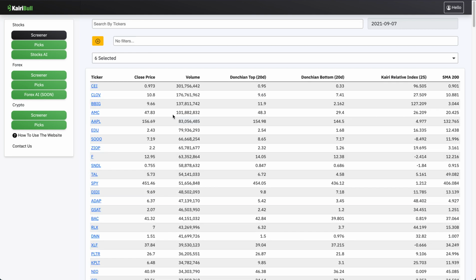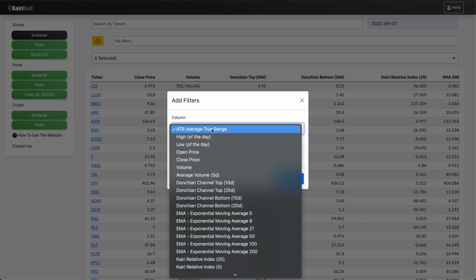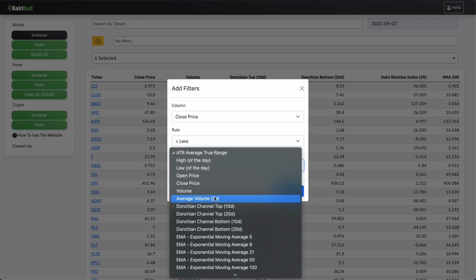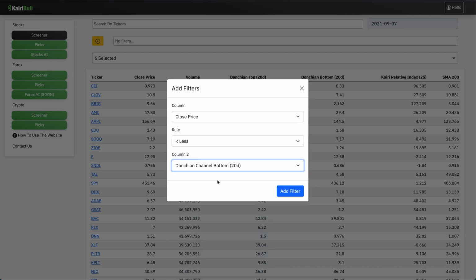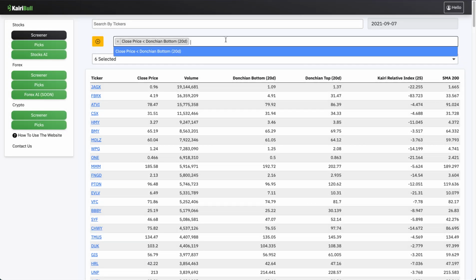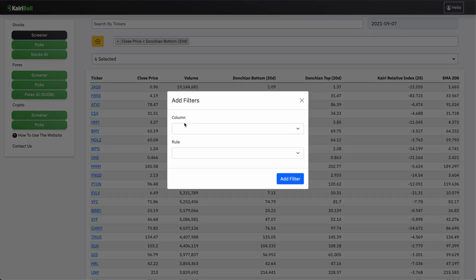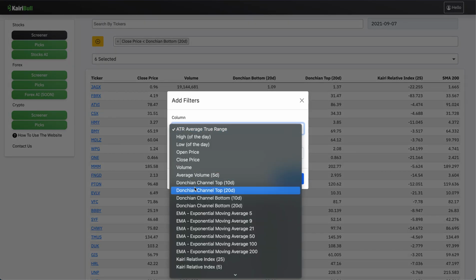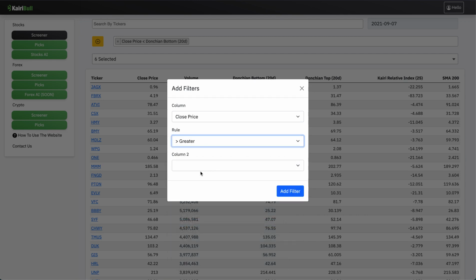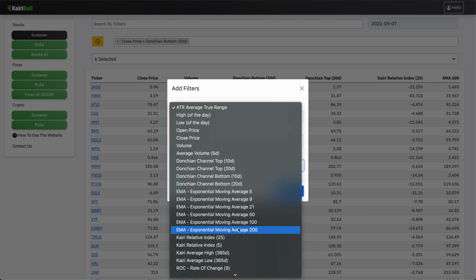Another trick you can do to filter even better is you can come here to filters, and you can say that the close price is below the bottom channel, and we want the close price to be above the 200 moving average.